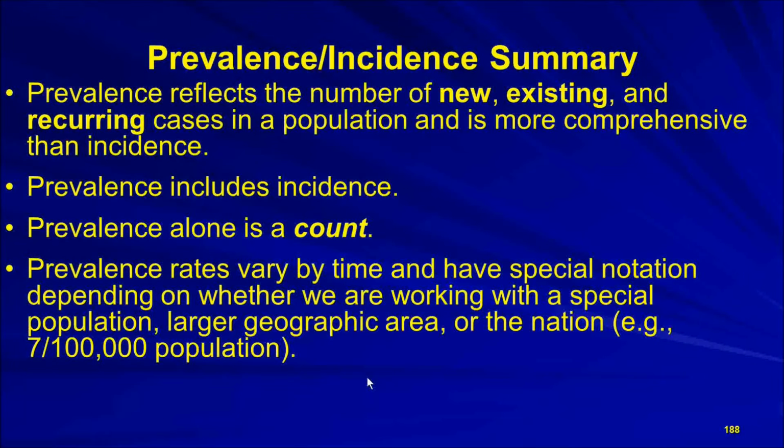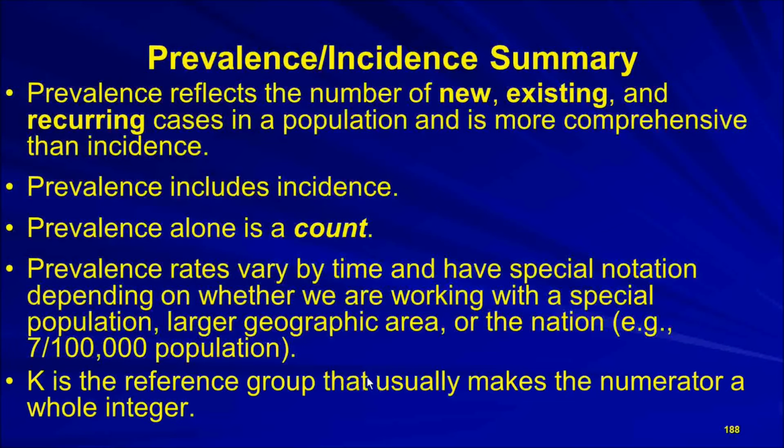What I'm showing here is a national statistic where the cancer rate would be 7 per 100,000 population. So we used a special study group rather than the national population, which is why we have a different answer.